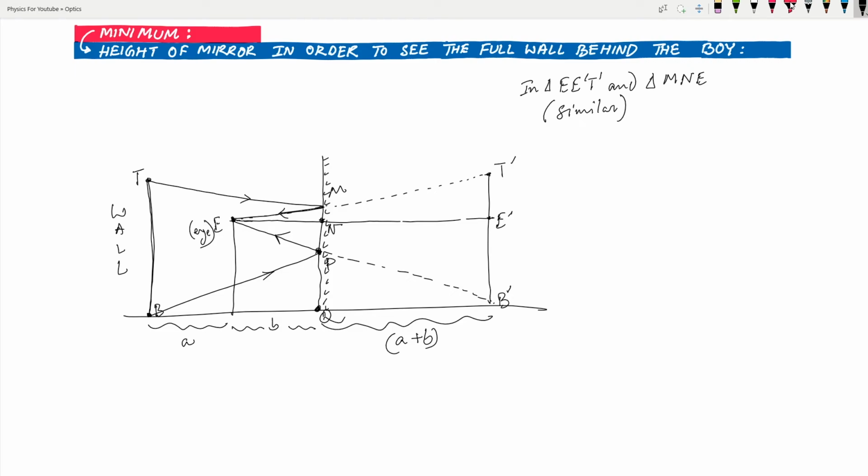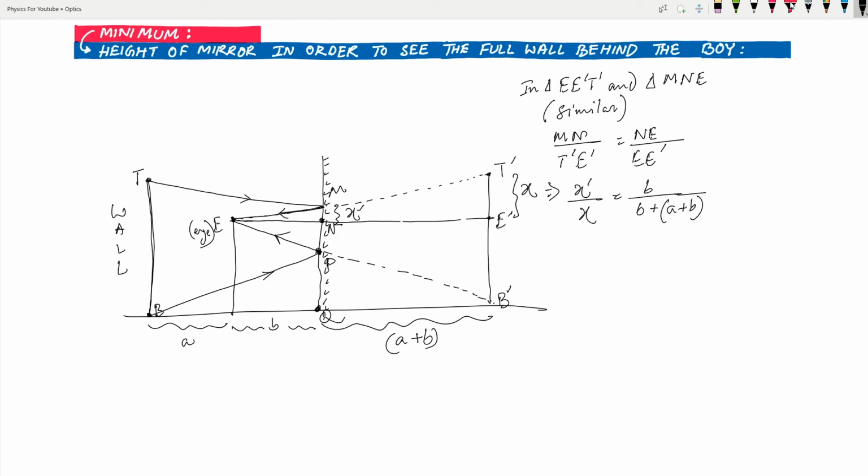So from the properties of similar triangles, MN divided by T dash E dash should be equal to NE divided by E dash. Now MN, let this be X dash, and this be X. Then we can write here X. NE is B, you can see in the diagram at the bottom we have marked the distance as B, and E dash is B plus A plus B, isn't it?